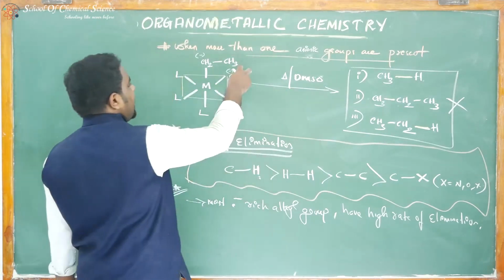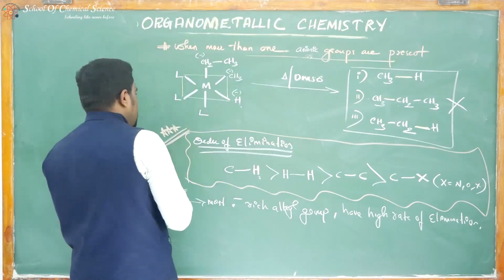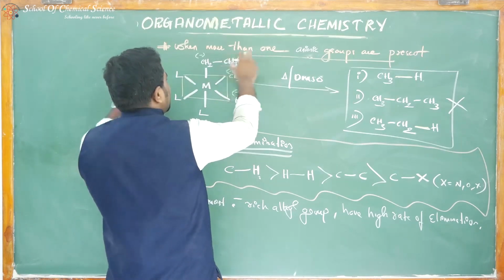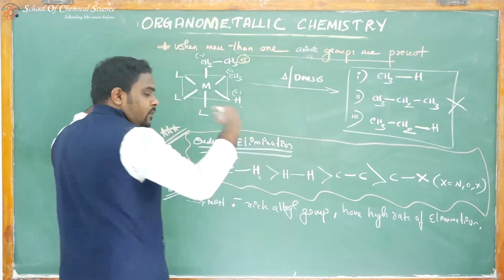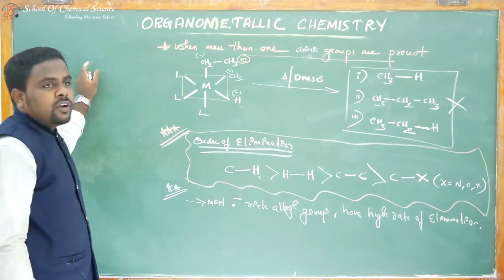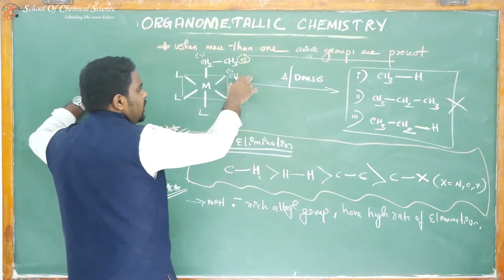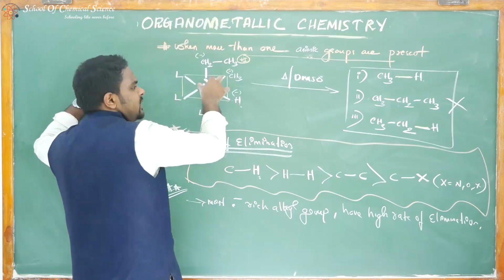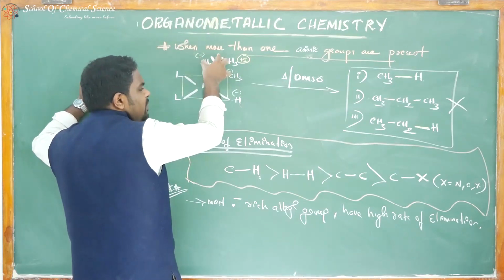Here this is a methyl group, this is an ethyl group. You know, due to the plus I effect of this group, the inductive effect, this is an electron rich group. When the number of carbon atoms increases, the plus I effect increases, and that is an electron rich group. Comparing with the methyl group, the ethyl group is more electron rich.